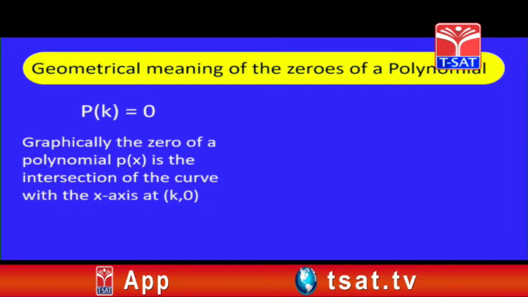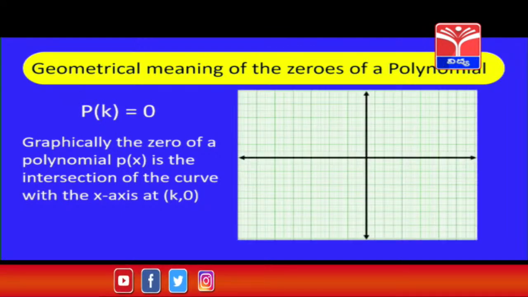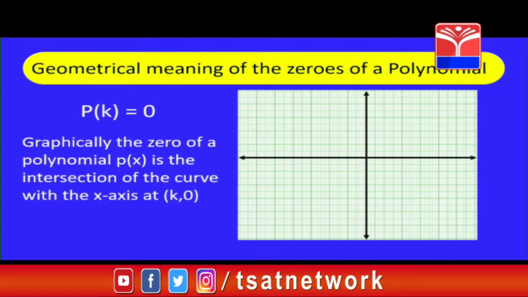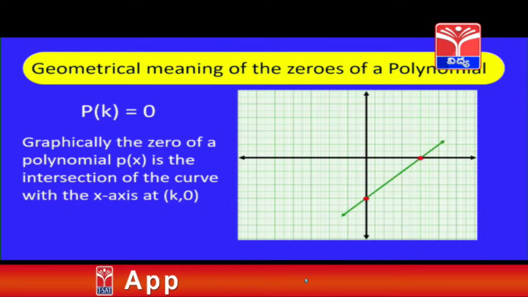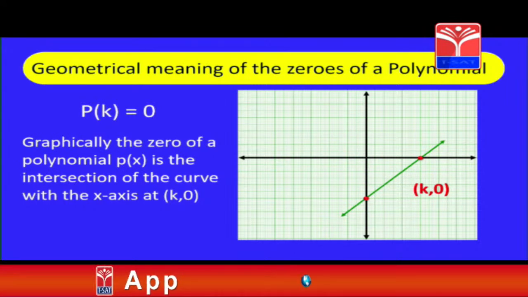If p of k is equal to 0, then in the graph, the particular curve or line intersects the x-axis at that point. So, here this is one general example of a polynomial which intersects the x-axis at k comma 0. The x coordinate of the intersecting point of the x-axis and the curve is the zero of the polynomial.